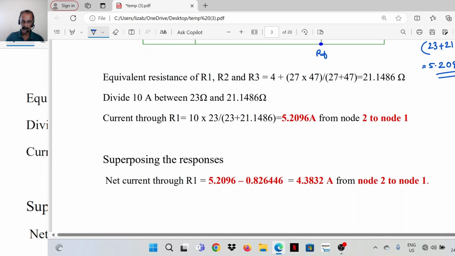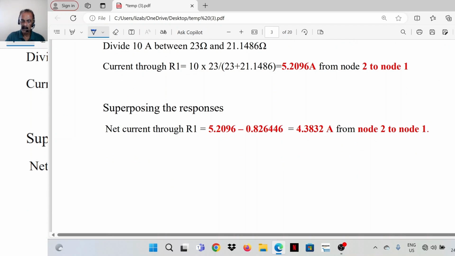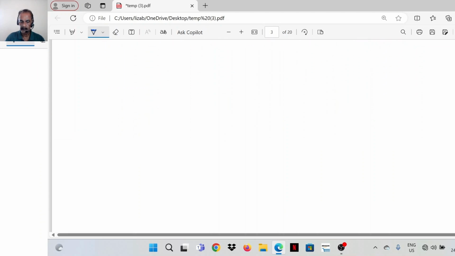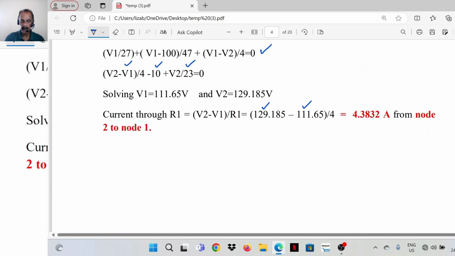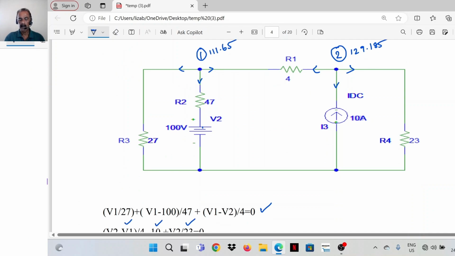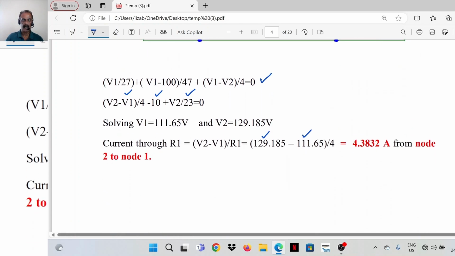When the voltage source alone is considered, the current is from node 1 to node 2. When the current source alone is considered, it is from node 2 to 1. So add these currents with the proper signs and we get a net current of 4.3832. Considering both sources at the same time, we get the same value of current, 4.3832 from node 2 to node 1.